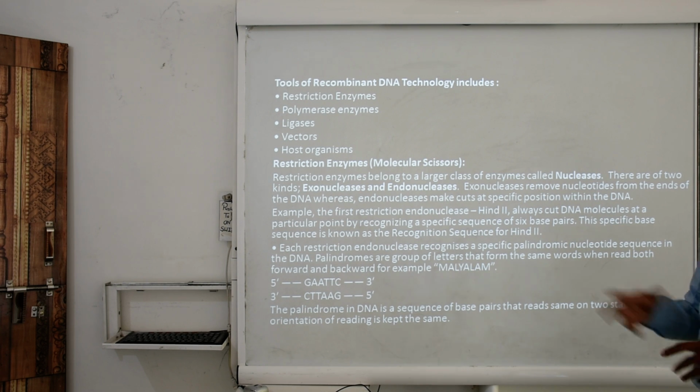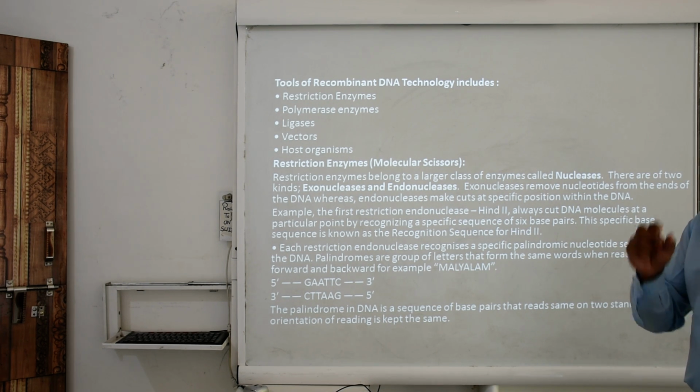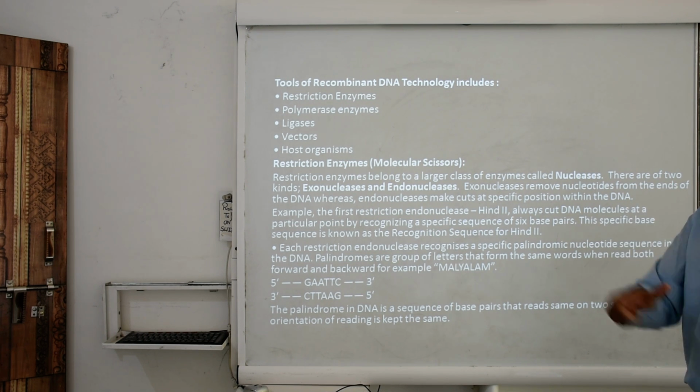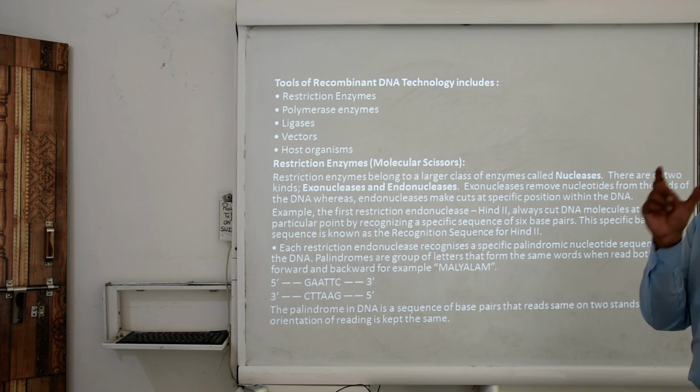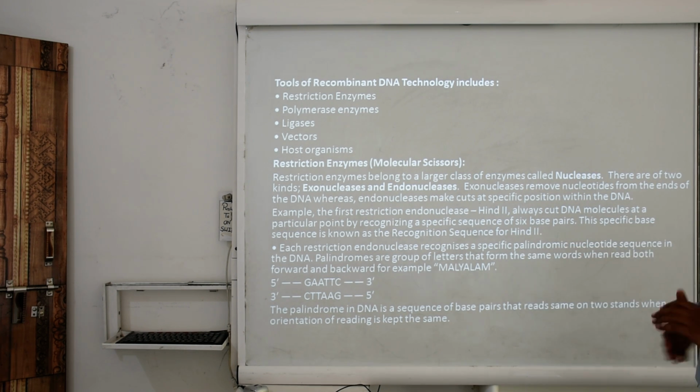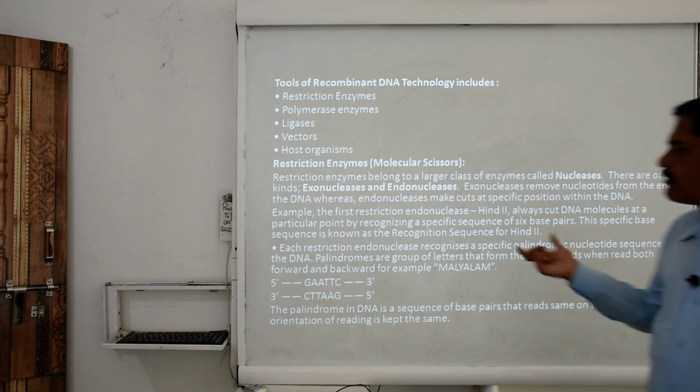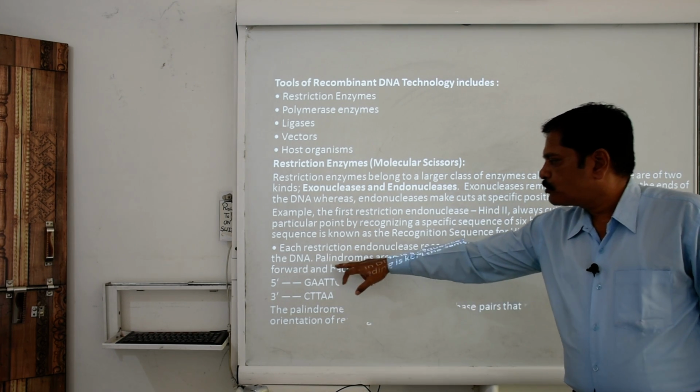Remember, this endonuclease enzyme is responsible for searching a specific series of 6 nucleotides on the DNA segment. This segment is called the palindromic nucleotide sequence. Clear? And when it identifies it, it cuts it.